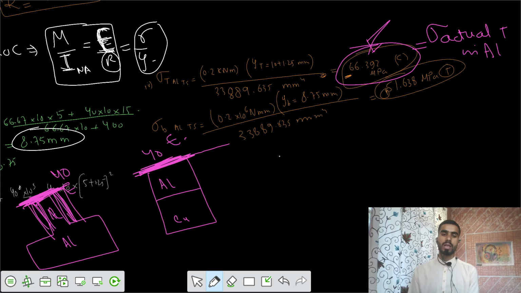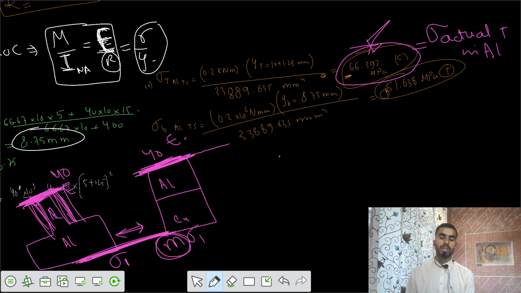And for the bottom side, you have to convert aluminum to copper. If the stress in aluminum is sigma 1, the stress in copper would be m times that, because copper has more E, that means it would take more stress for the same value of strain.